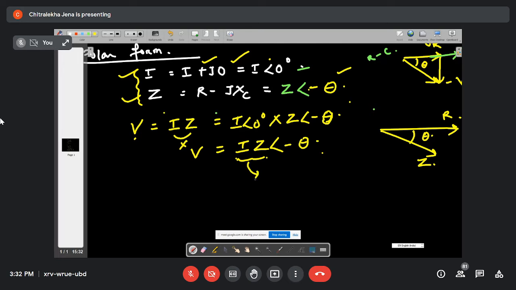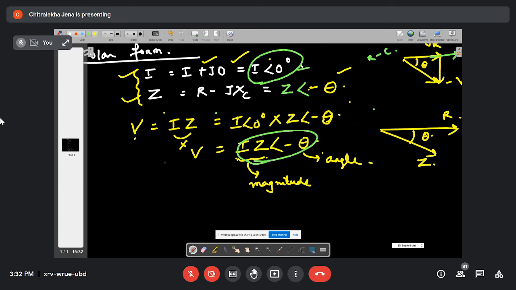That means this is your magnitude part, and this one is your angle part, right? Now if we compare the current and the voltage, this is my voltage, this one is my current. What do you conclude from these two?